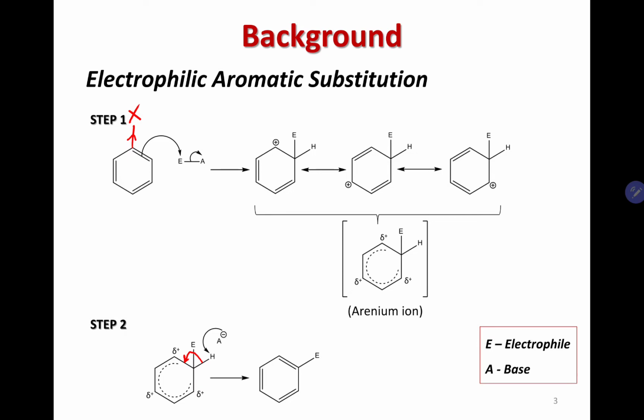But let's say benzene has a very expensive wife. That means benzene has an electron withdrawing group or a meta director on it. That wife is spending so much money, so benzene is no longer feeling rich. Whenever he wants to spend money on something, he thinks about it twice.